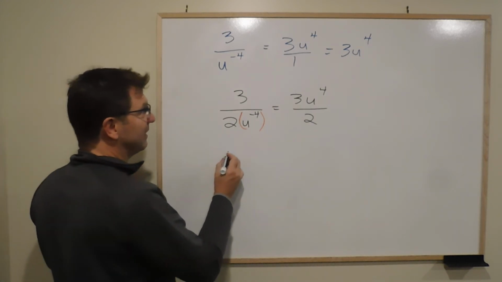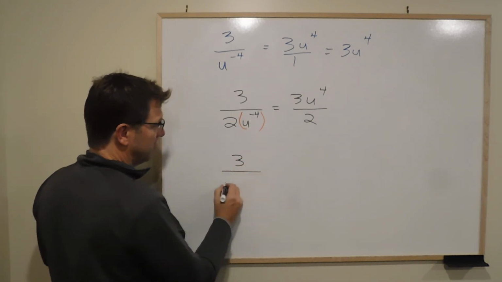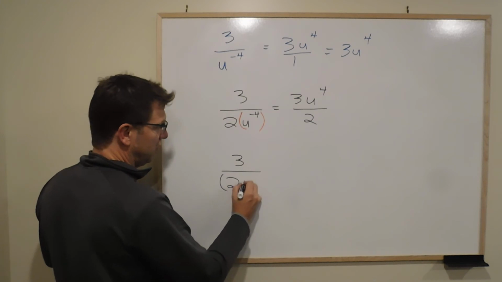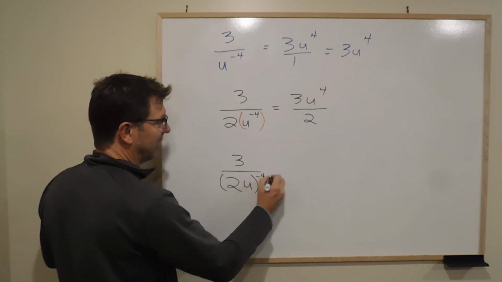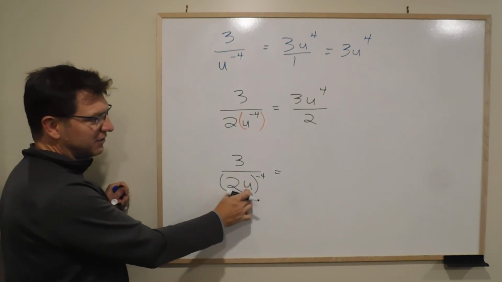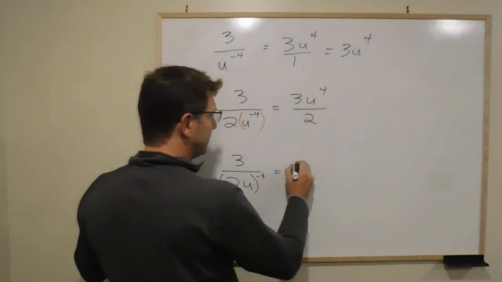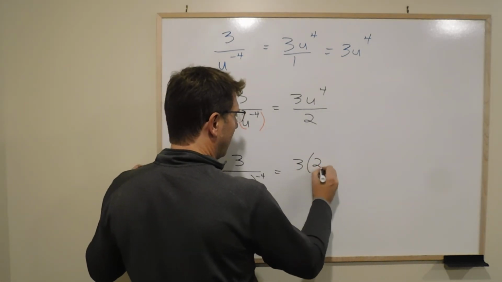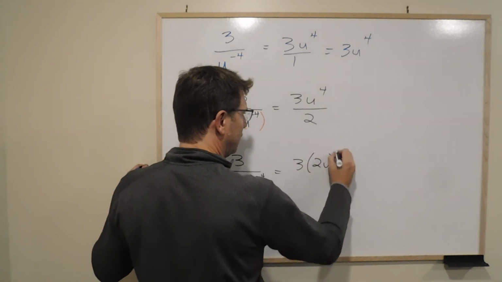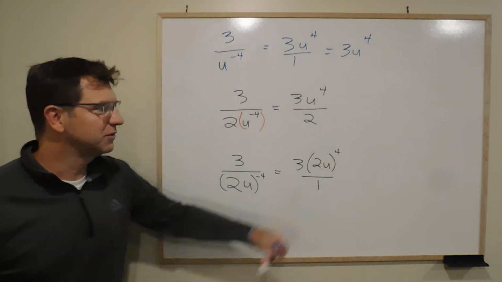If I had this, 3 over 2u in brackets to the -4, this one's different than that, right? So now the entire 2u is the base, not just the u. So in this case, we'd have 3, and then we'd have 2u to the 4th, and nothing would be in the denominator, so we'd use a 1.